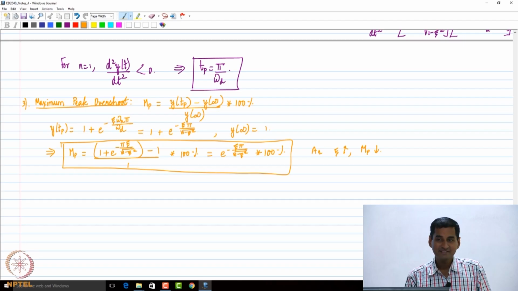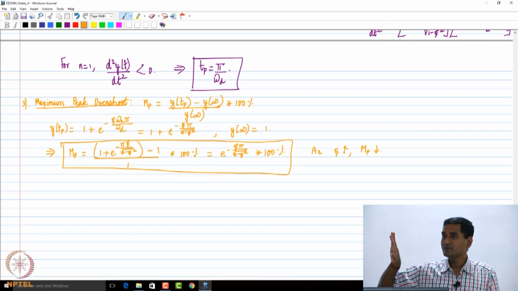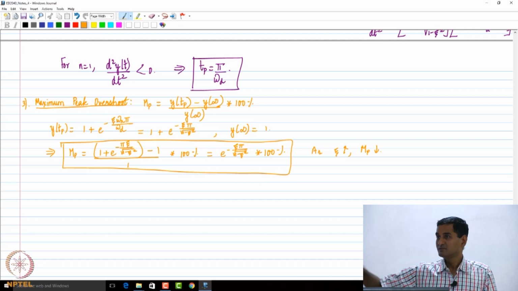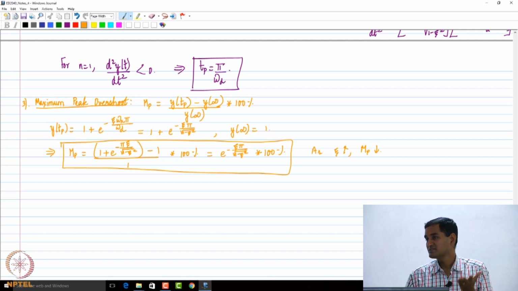That is indicative of rise time. You would have observed that in many doors, if you want fast closure, the oscillations will be larger, because they make the damping smaller. The price that we pay is that the oscillations are larger in magnitude. But if I want the oscillations to be smaller, the price I need to pay is that I need to compromise on the rise time.